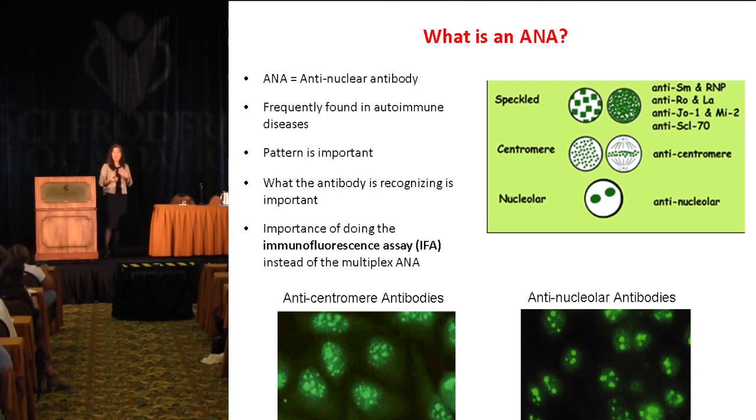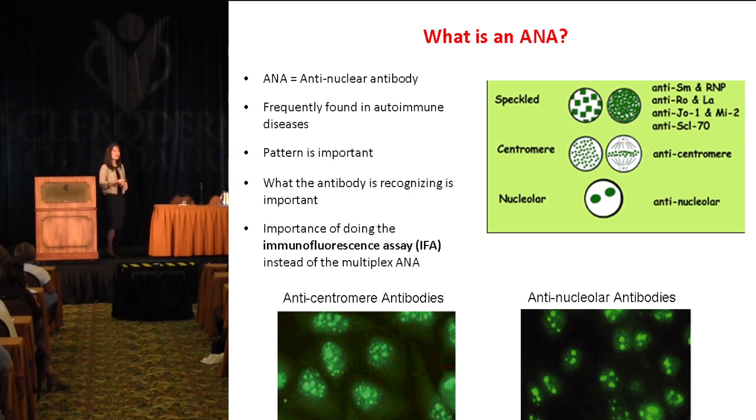It's a slightly different methodology, but it's a lot cheaper, and so a lot of places are cutting corners by using this technology. She found that 50% of scleroderma patients had ANAs that were, quote, negative. But in fact, upon retesting using the immunofluorescence assay, it turns out they were actually positive, and this multiplex ANA assay just happened to miss a lot of the specificities that are seen in scleroderma.